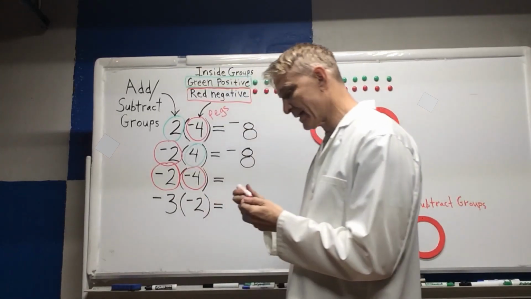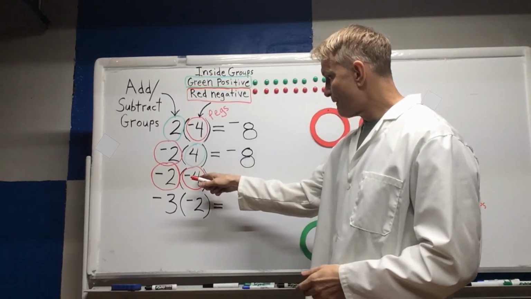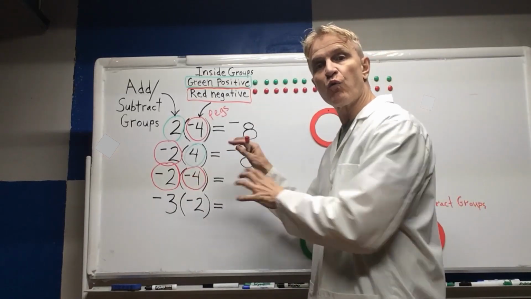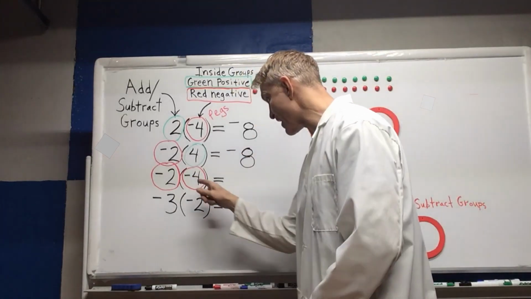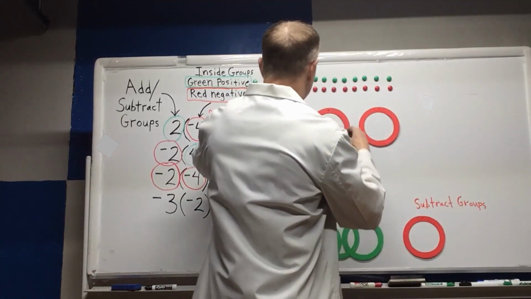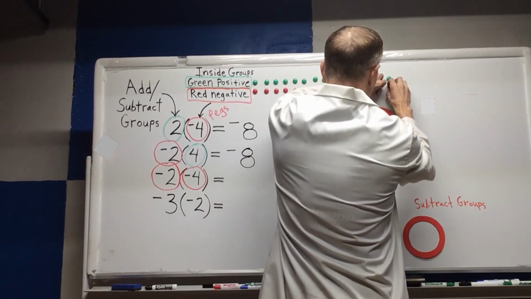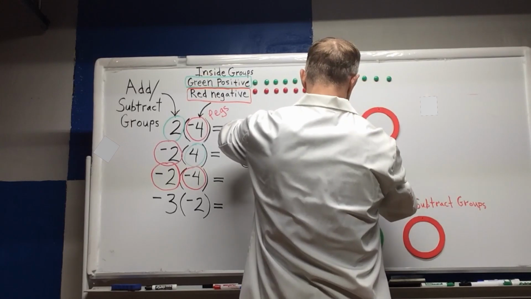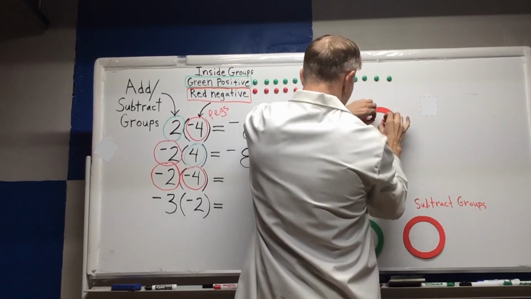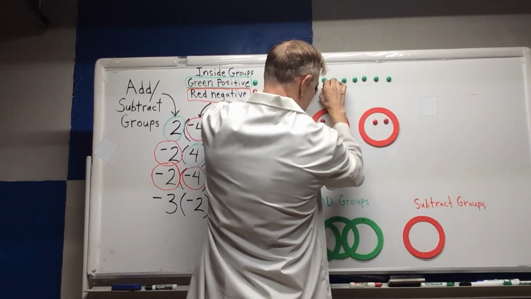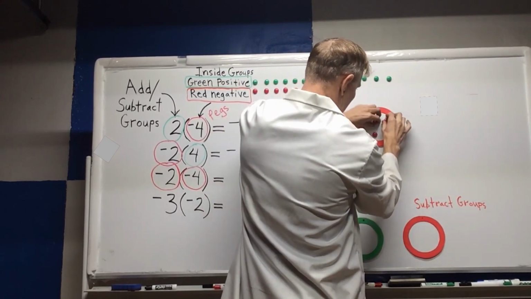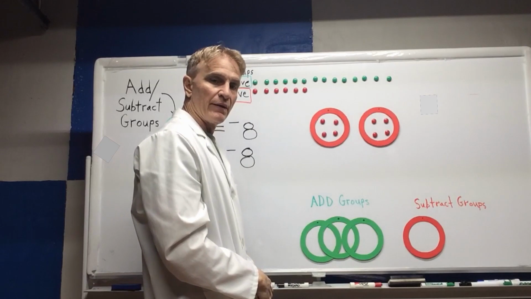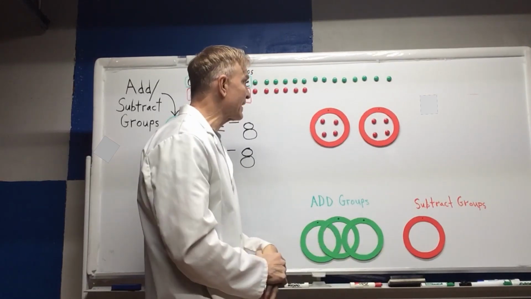So I'm subtracting 4, so that means in these 2 group rings, I'm going to have 4 reds in each one, because remember, the negative is represented by the red. So I'm going to put 4 in here, and 4 pegs of red in here. And those will go to the debt bank or to the overall bank down here.